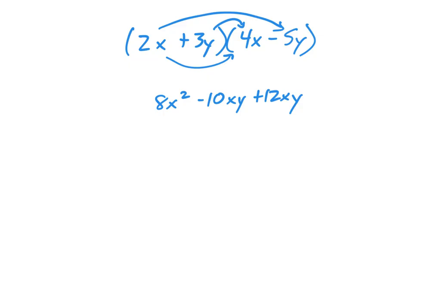And then 3y times negative 5y is negative 15y squared. Okay, so we got x's and y's all throughout this.